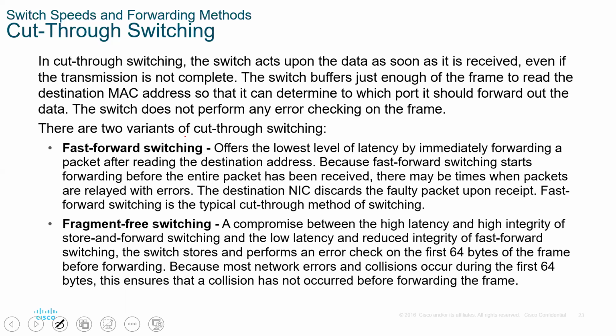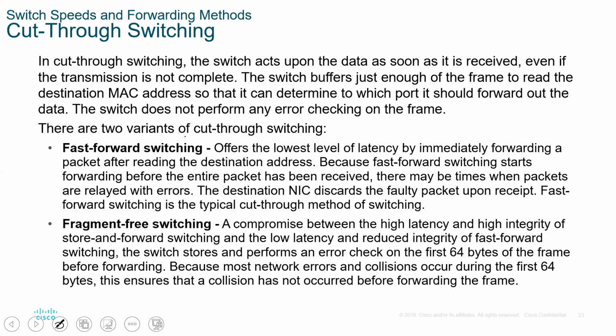Because fast-forward switching starts forwarding before the entire frame has been received, there may be times when packets are relayed with errors. The destination network interface card discards the faulty packet upon receipt. So fast-forward switching is the typical cut-through method.